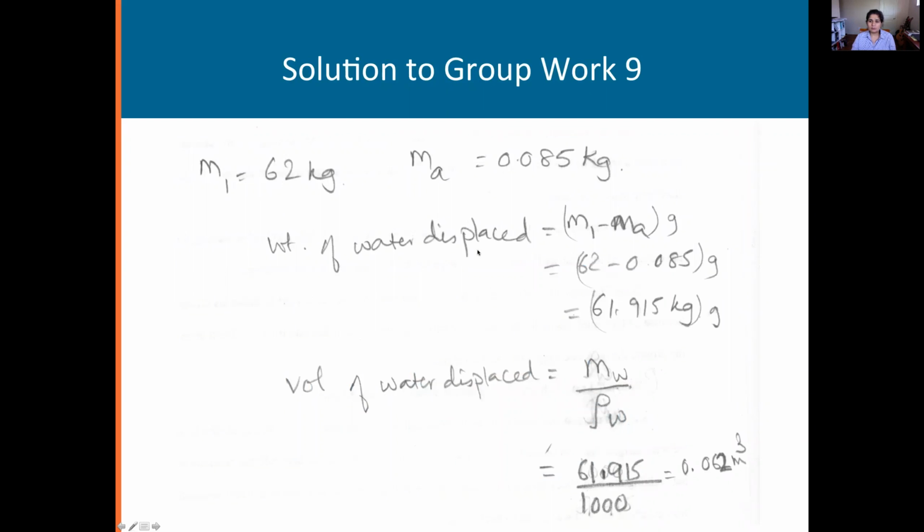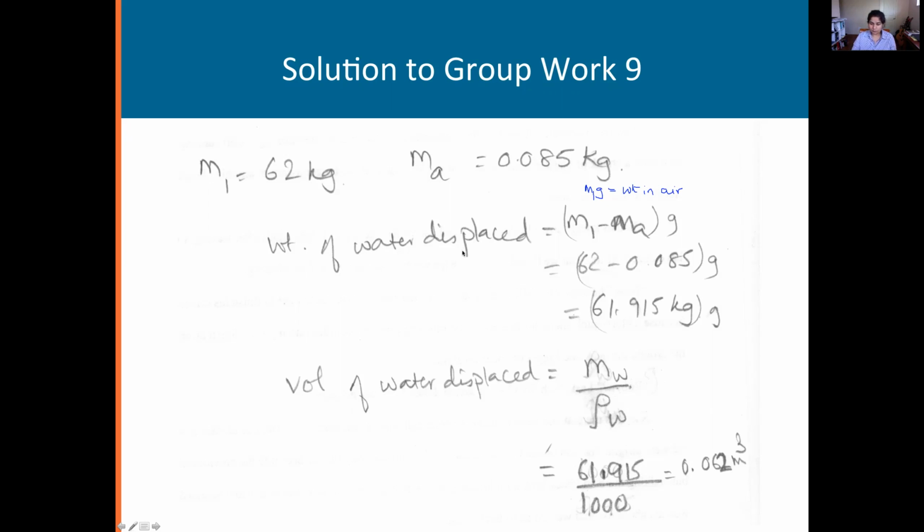It's going to be equal to the true weight minus the apparent weight. So m1g is her true weight in air, and m_a g is her apparent weight in water. I'm going to subtract one from the other to get the weight of the fluid displaced.